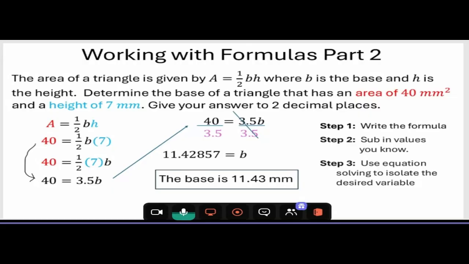So there's another one. Just a tiny extra step in that one, where we had to either rearrange or imagine rearranging. Or, like I said, if you had multiplied both sides by 2 to get 80 over here, and then divided both sides by 7, you would have got the same answer as well. So in math, again, there's almost always multiple ways to go.